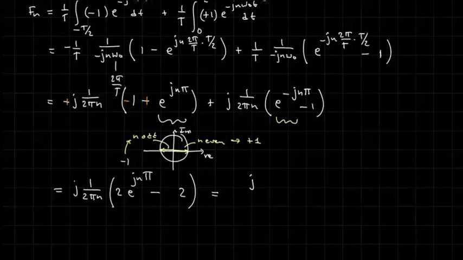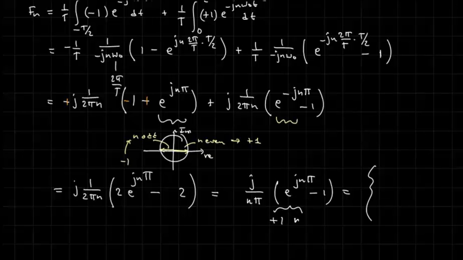So this gives us j over n pi times e to the jn pi minus 1, and this right here is going to be plus 1 when n is even, and minus 1 when n is odd, which means that this will be equal to 0 for n even, and it will be minus j2 over n pi when n is odd.